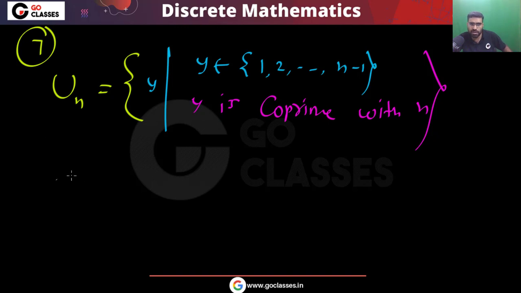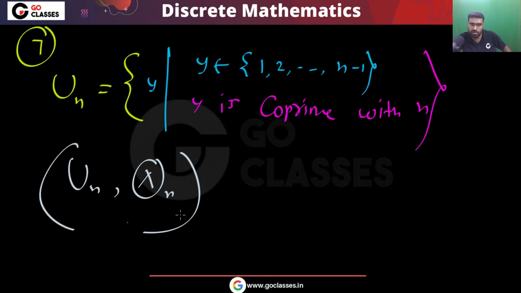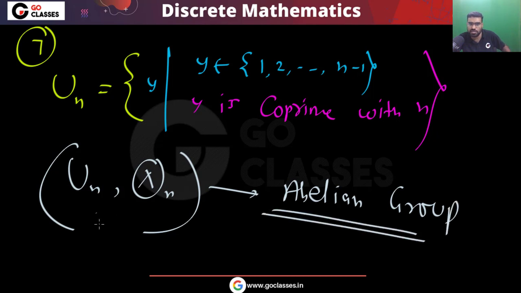And remember, this Un under multiplication modulo n is an abelian group. Un contains all elements from 1 to n minus 1 which are co-prime with n.